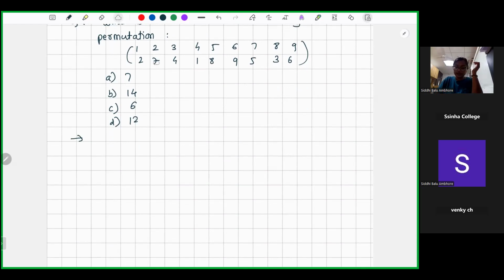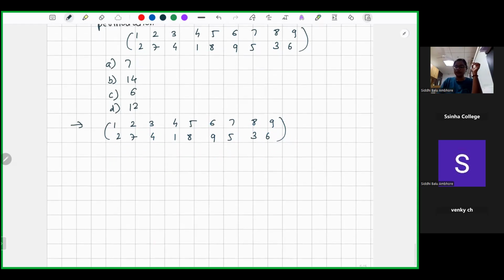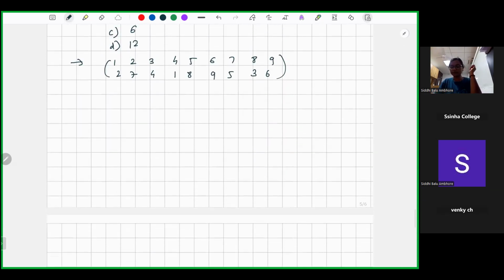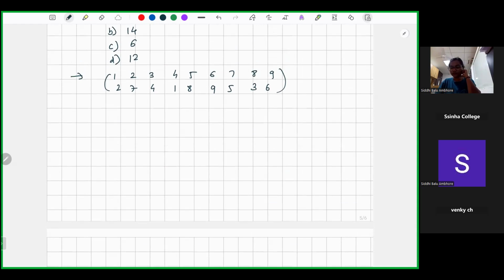So since we are given this in two-row form, we first need to convert this into cycle form. Because note that when we have something in cycle form, it is a product of elements in S_n, and we know the order of an r-cycle is r.